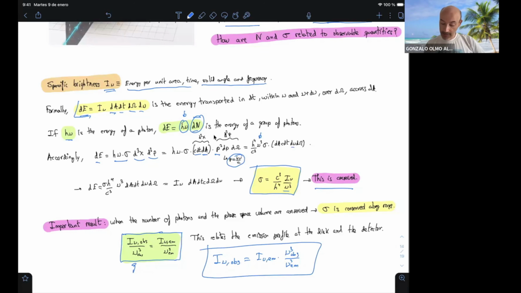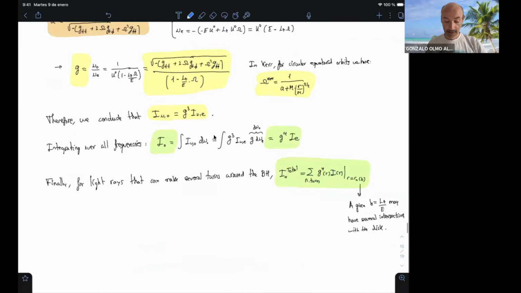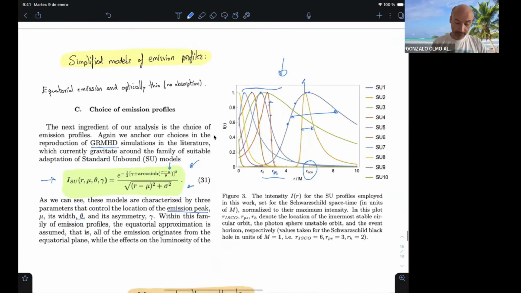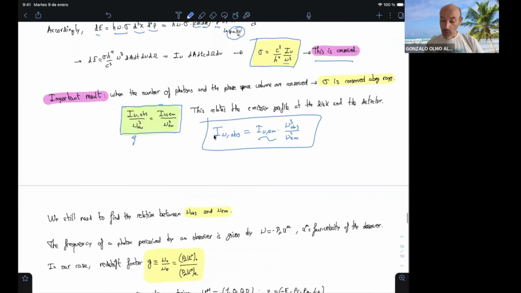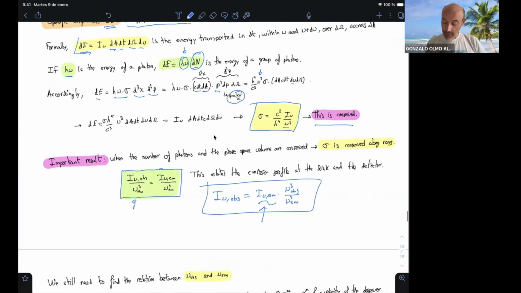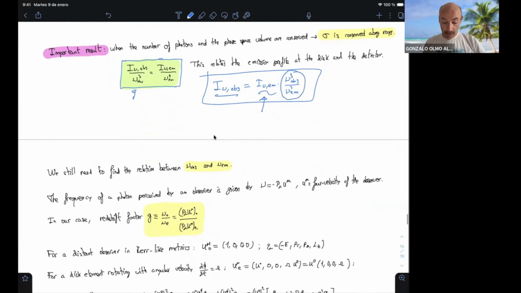So this is the intensity profile represented by this function. This is the emission. We are modeling the disk, the emission profile, okay? And then once we define the emission profile and know the relation between the emission and observed frequencies, we can compute the intensity observed at the detector, okay?